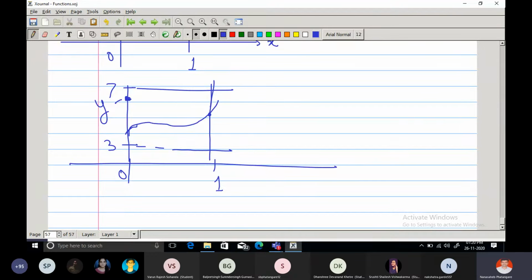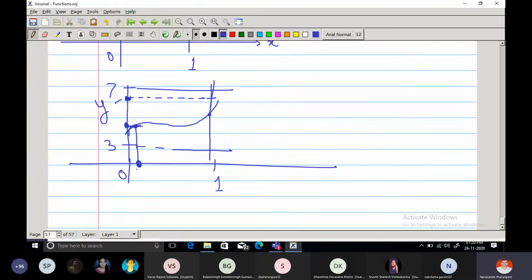Because we cannot produce a pre-image. For example, if you look at this point, the pre-image of this point is this. The pre-image of this point is here, but the pre-image of this point does not exist because this horizontal line does not intersect with the graph, right? Moreover, this graph is not a graph of a 1-1 function because there are two different points in the domain with the same image in the codomain, correct?